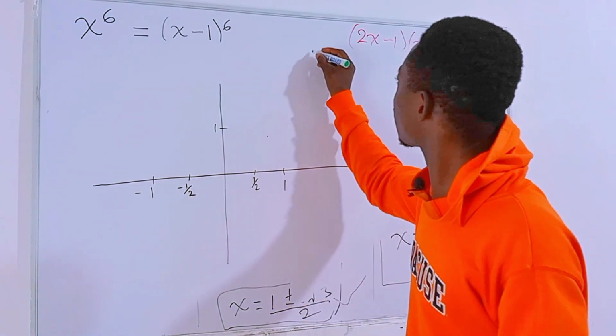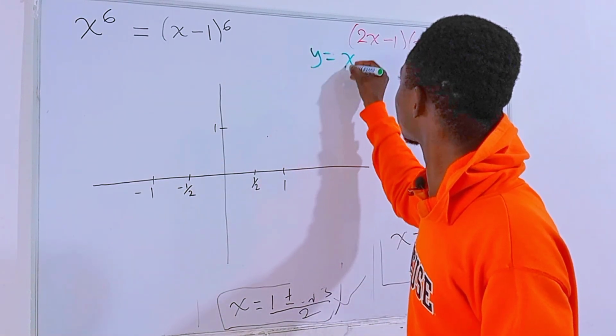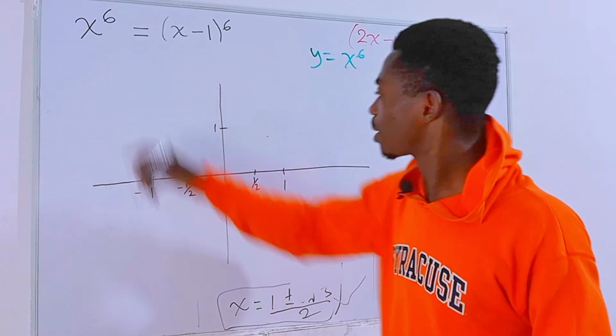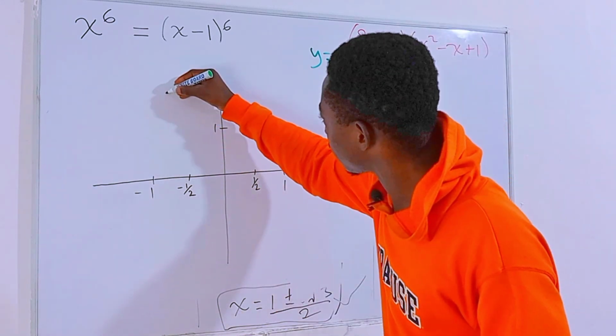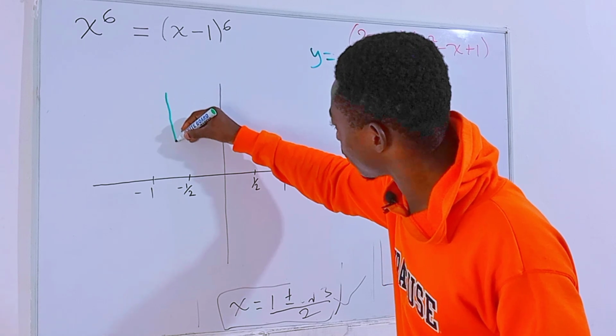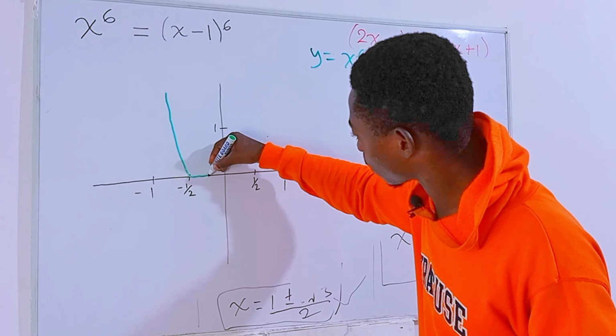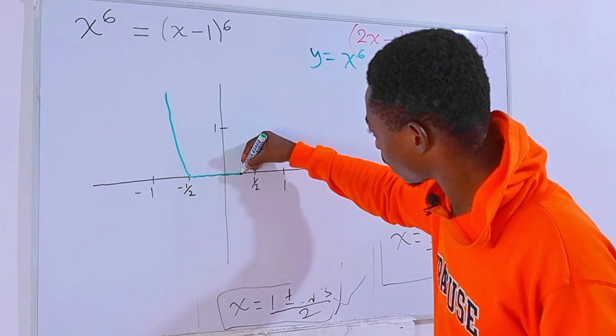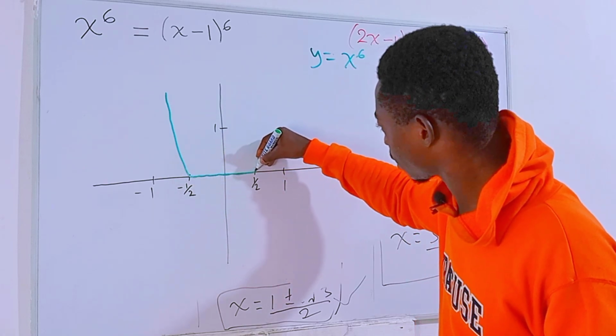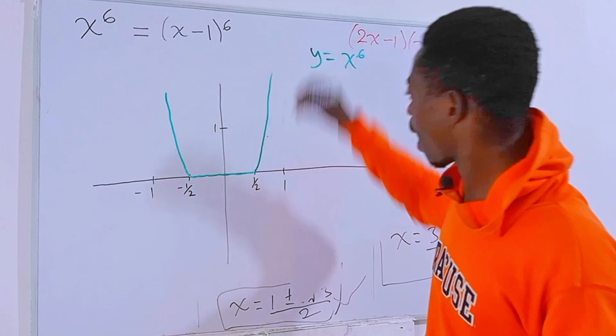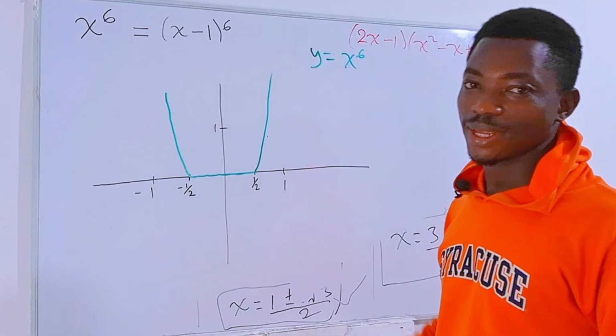Now, for the graph of y is equal to x to the 6th power, actually it's going to be like this. It's going to decrease a little bit up to negative half, and it will pass on the line just like that, and begin to increase at 1/2, just like that. Easy.